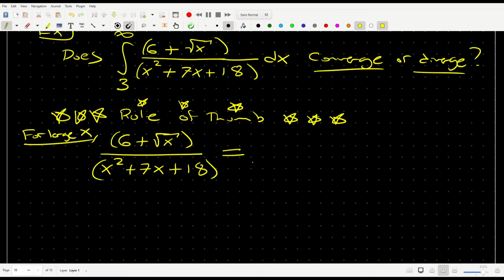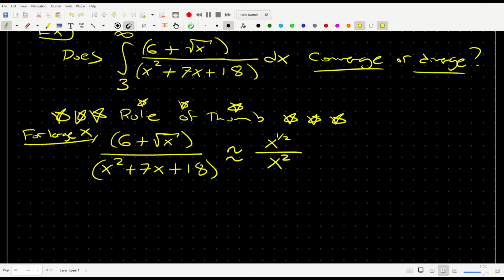So our ratio here is going to be approximately, for large values of x, equal to the square root of x, or x to the 1/2, divided by the denominator, and in the denominator, this is dominated by the function x squared, because x squared is growing much faster than 7x and 18.